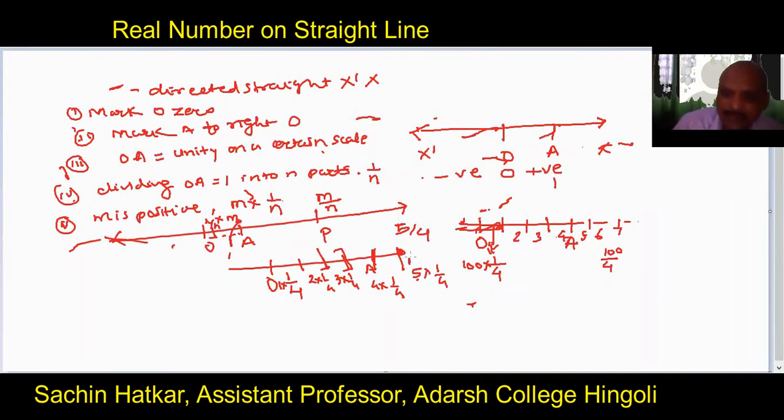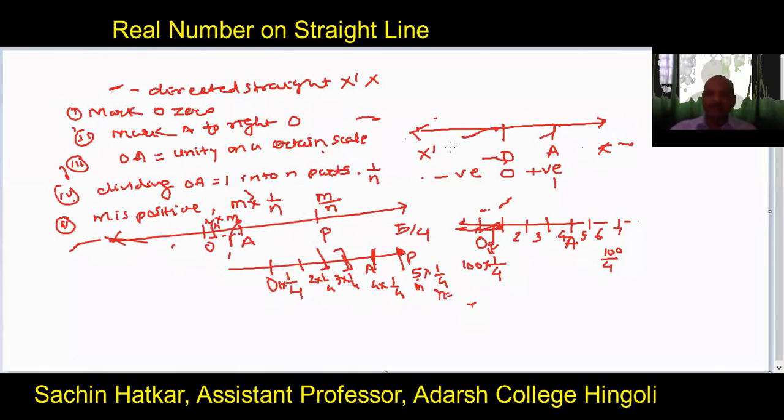This is my P, suppose. Here I have taken n equal to 4, m equal to 5, and this point P represents 5 by 4 on this scale. Likewise, if we generalize this, then any rational number m by n is represented by a point.